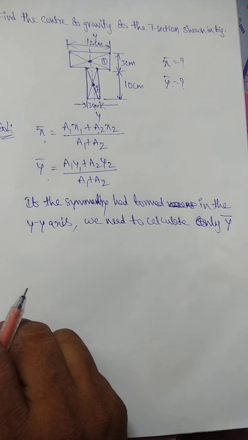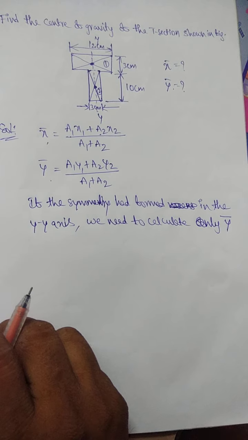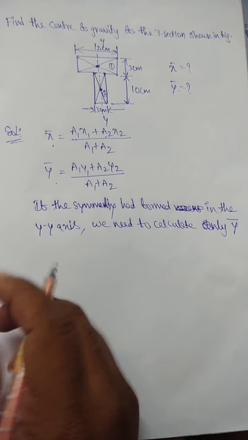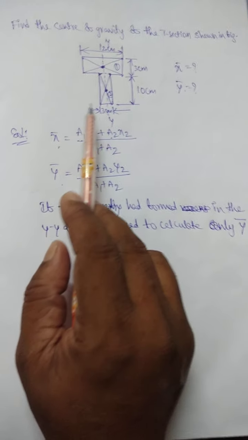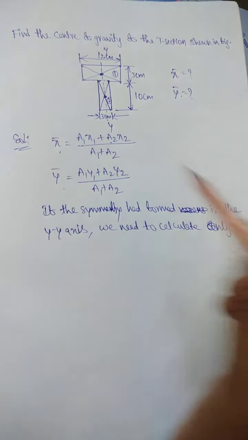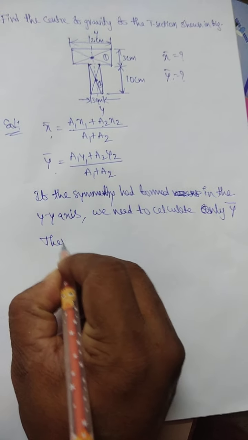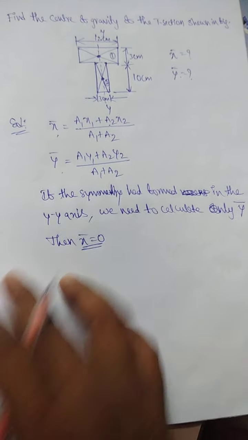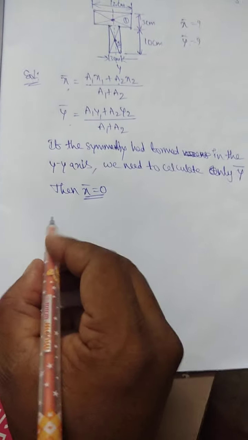If the symmetry is formed about the x axis, we neglect y bar and calculate only x bar. In this diagram we have symmetry about the y axis, so x bar is going to be 0, and there is no need of calculating x bar. Now we are trying for y bar.